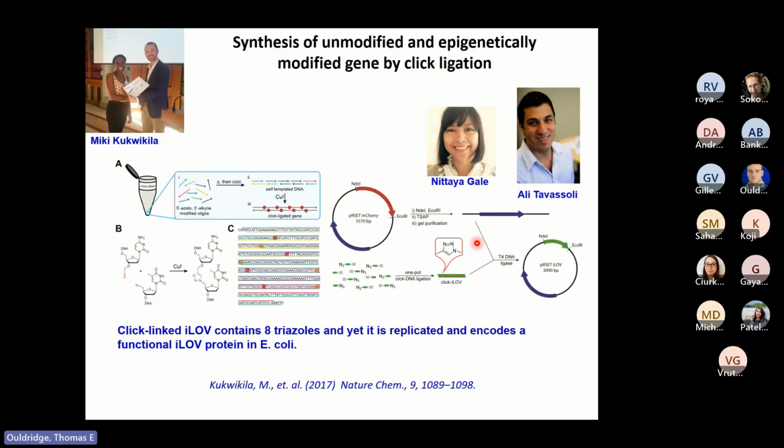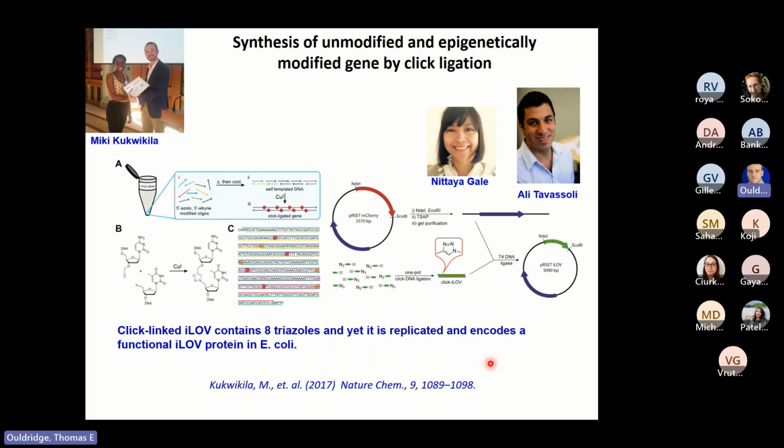We took this idea of joining DNA strands together using triazoles a little bit further. We took a whole series of oligonucleotides, which had alkynes and azides in them at the ends, and we templated them with complementary DNA, and we carried out a click reaction to make a very small gene, an iLOV gene, which is in the 300s and contains 8 triazoles.